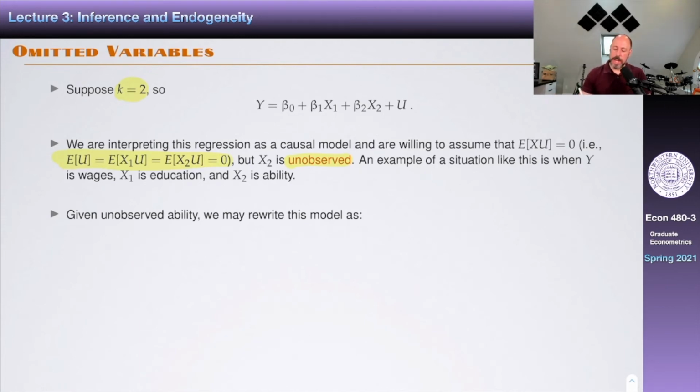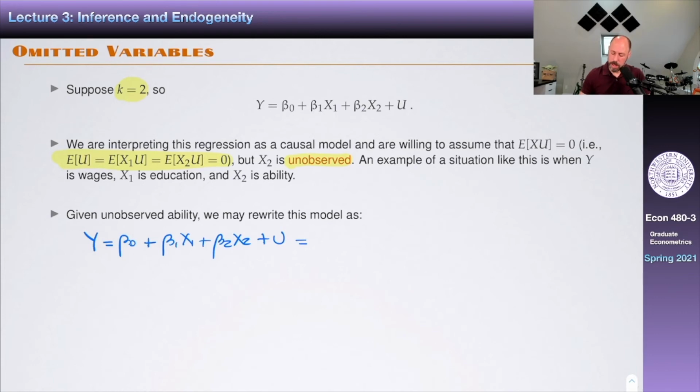So what I want to do now is to rewrite this model in a convenient way so that we can analyze it. I'm going to write y equals beta 0 plus beta 1 x1 plus beta 2 x2 plus u. Next, I'm going to add and subtract the expected value of beta 2 x2.